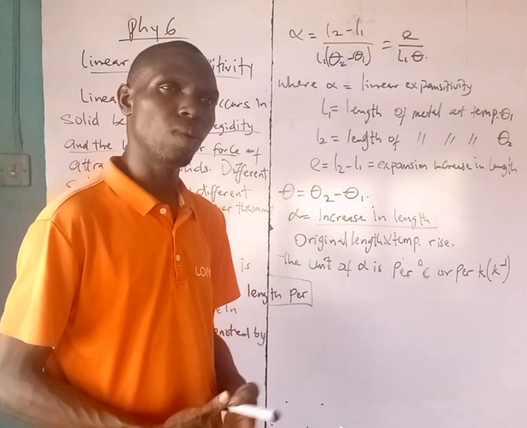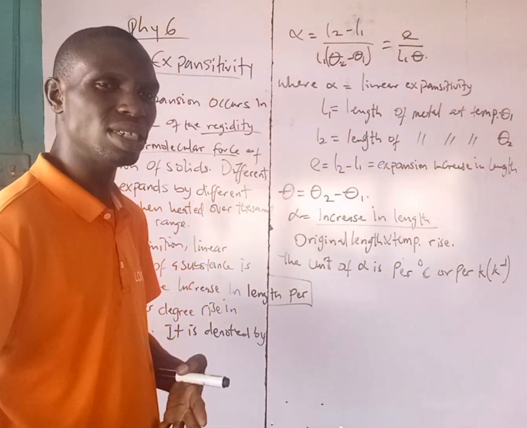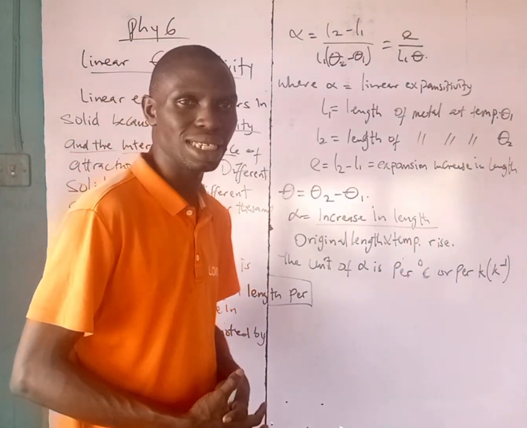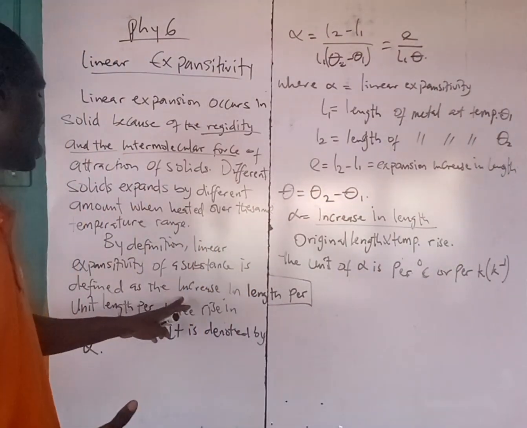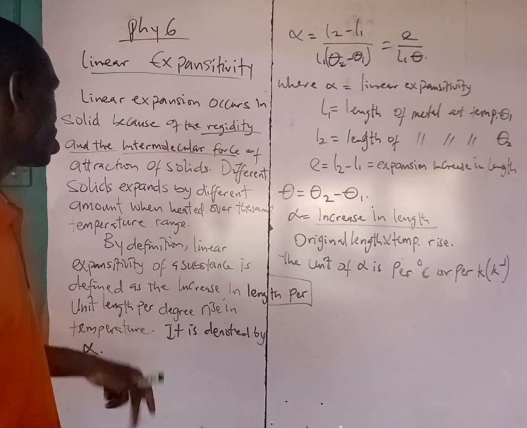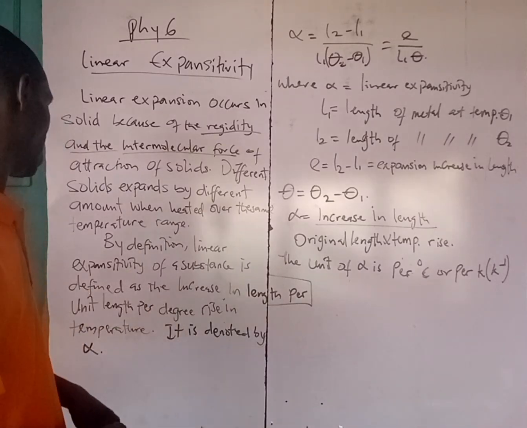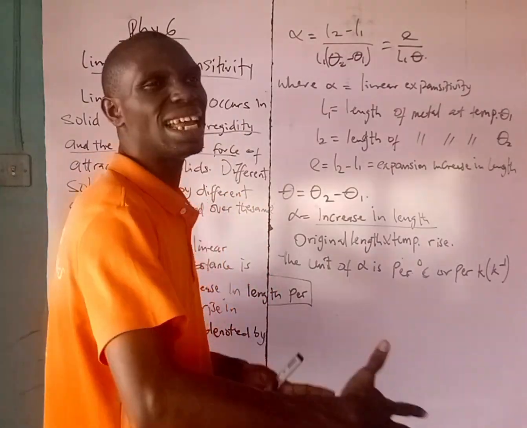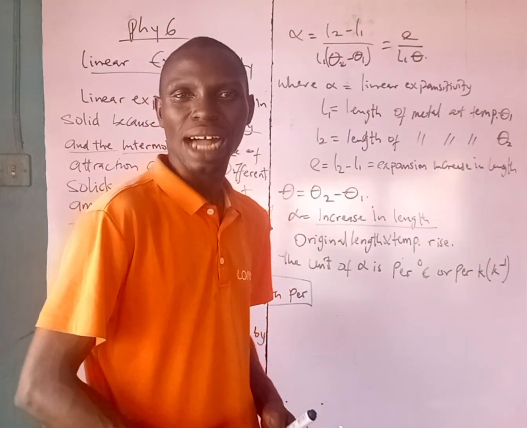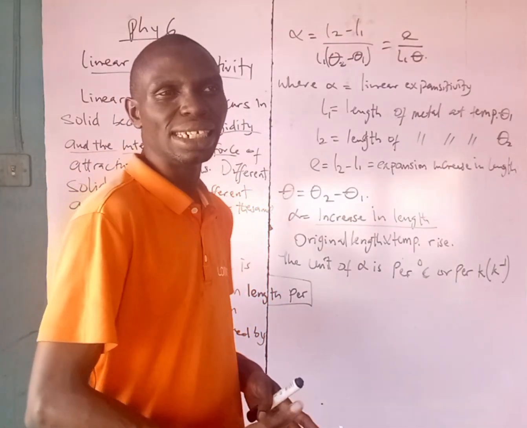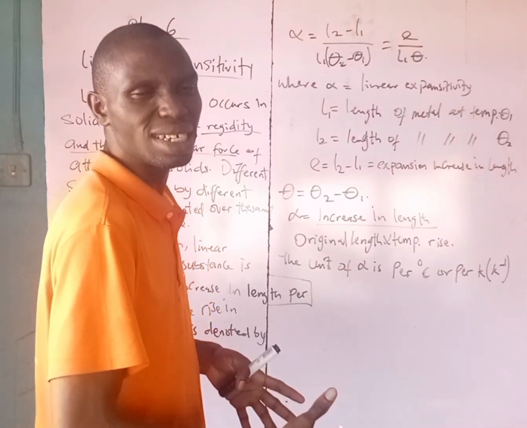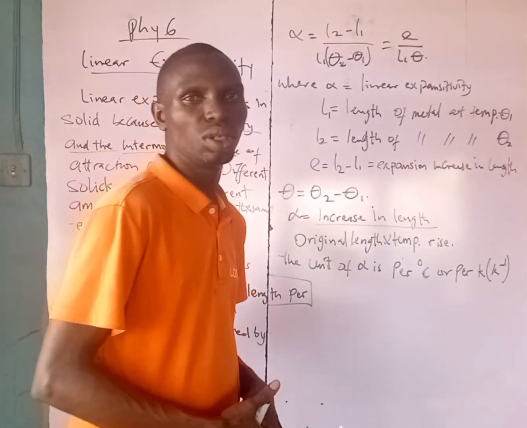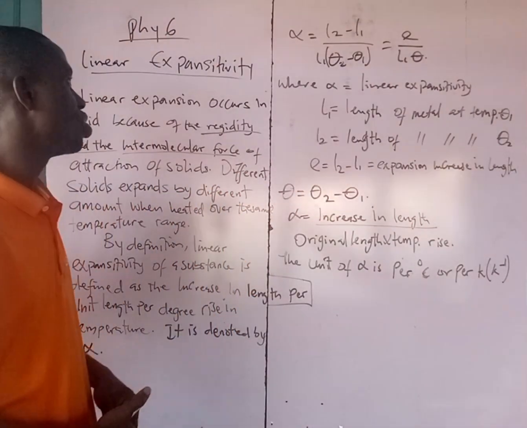And when exposed to heat, what is the additional length? That is what we are talking about. The increase in length per unit of the degree rise in temperature. And we want to consider the ratio of the increase in length to the temperature rise.